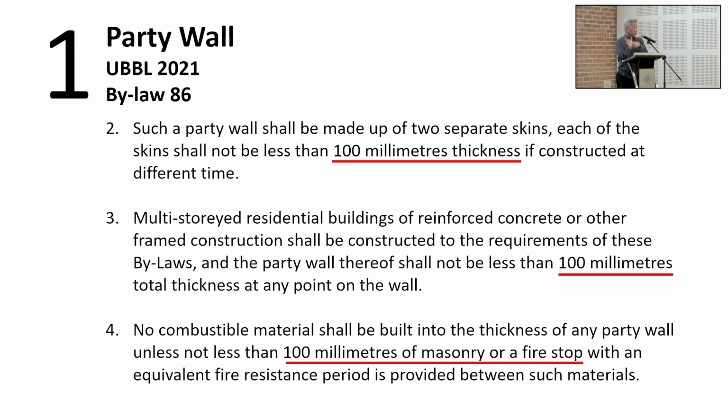And by that, we infer it should be something stable, of a certain integrity, that it can stand up, and it shall also provide you with an acoustic rating of STC 50.